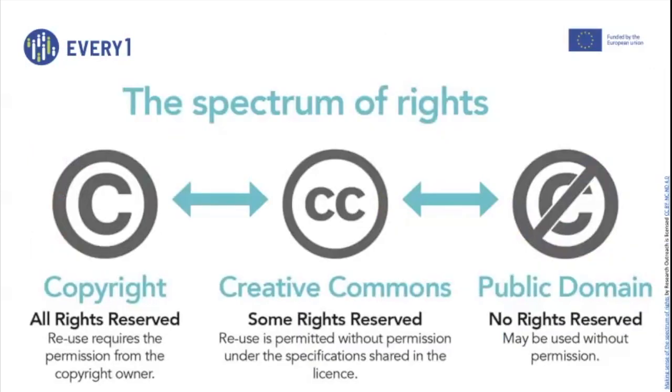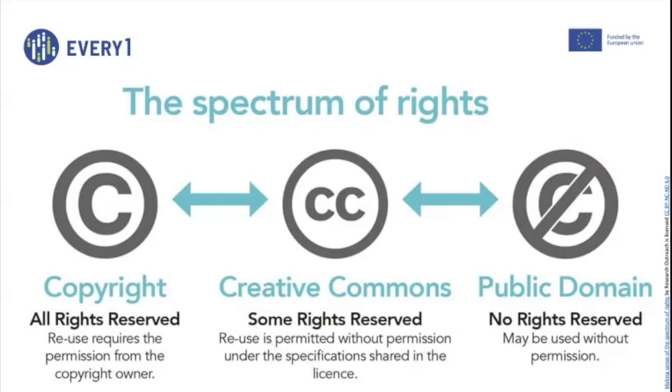So let's put Creative Commons licenses in context. Usually, when we find a resource, quite often we'll need to approach the copyright owner to ask permission for reuse. So these are often called all rights reserved materials. Creative Commons licenses work with copyright. And as indicated a moment ago, reuse is permitted without needing to ask permission under the specifications shared in the license.